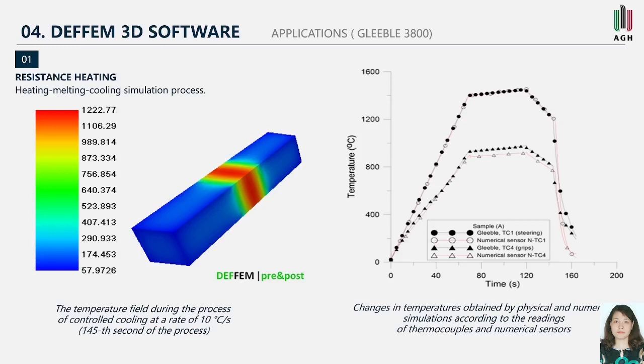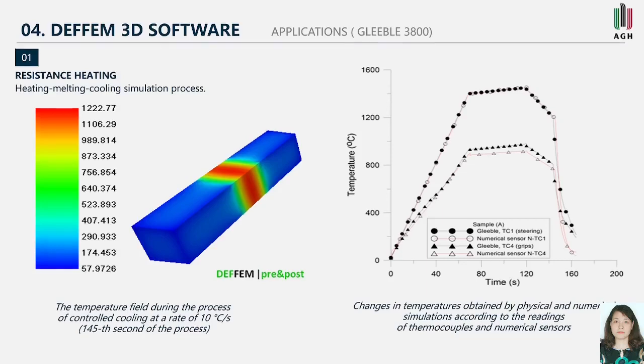The figure on the right presents the change in temperature obtained by physical and numerical simulation, according to the readings of thermocouples and numerical sensors. The greatest mismatch between the results was obtained in the last stage, where free cooling took place in the simulator system. The main reason here was the use of a constant heat transfer coefficient.